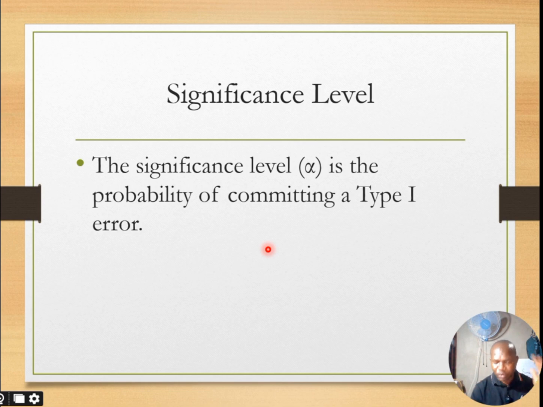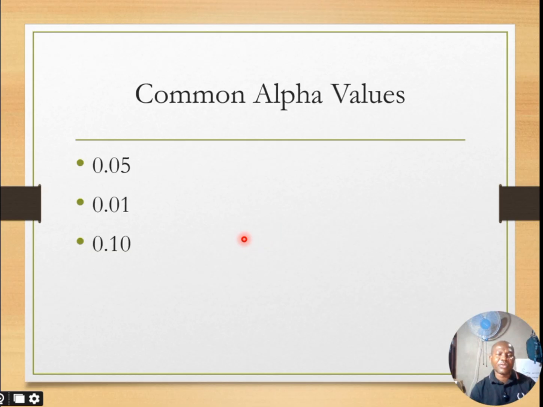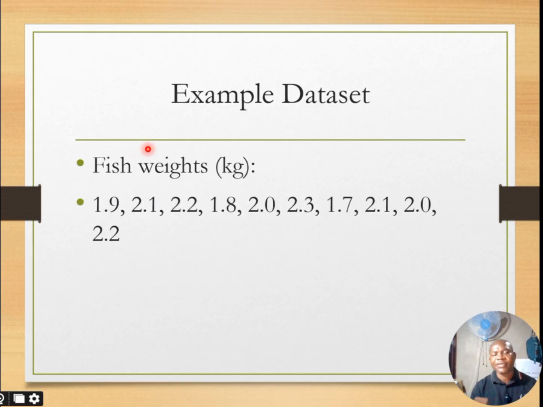It's like a threshold by which we will make a decision on our statistical what? Significance. And usually the common values of our alpha, which is our significance level, are 0.05, 0.01, or even 0.1. But more commonly, we make use of what? 0.05.